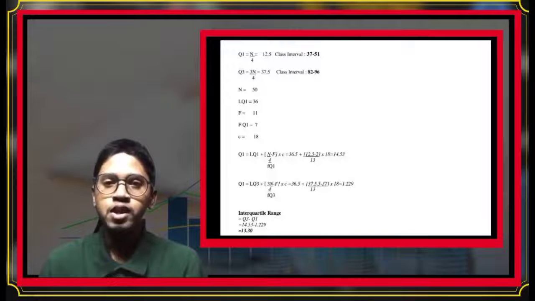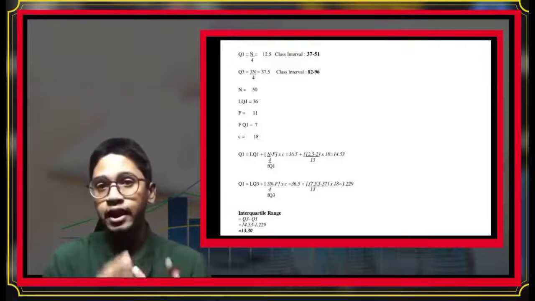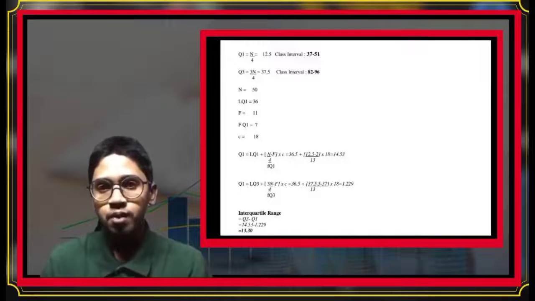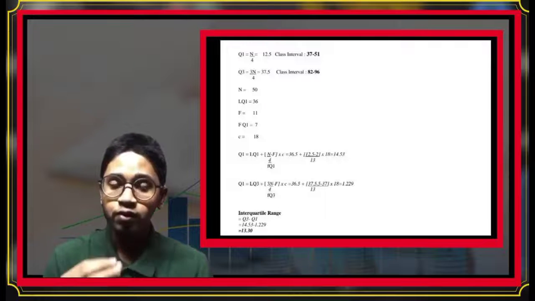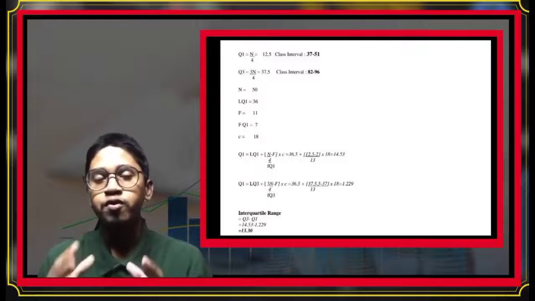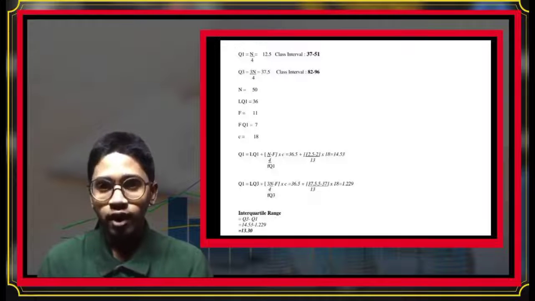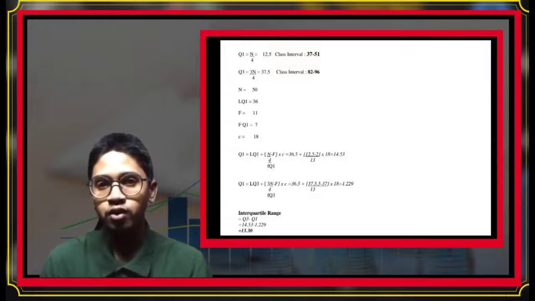Okay, from this table we need to take a look at the columns of the class, the frequency and the cumulative frequency. The first step for quartile 1 is to find the location of quartile 1. 50n must be divided by 4, which is 50 divided by 4 equal to 12.5, and the class interval is 37 until 51.